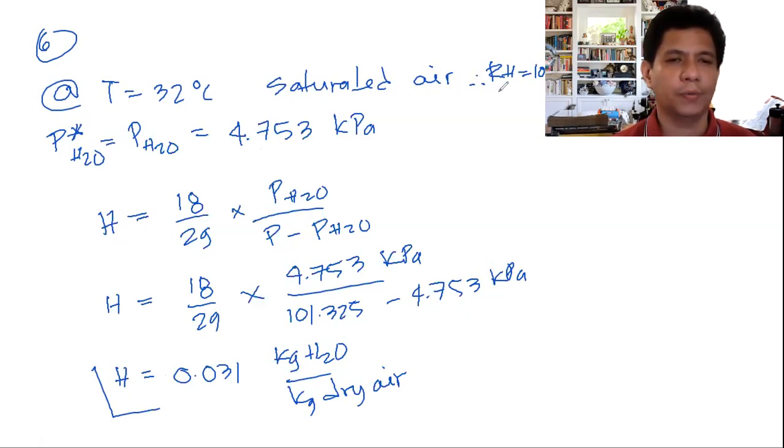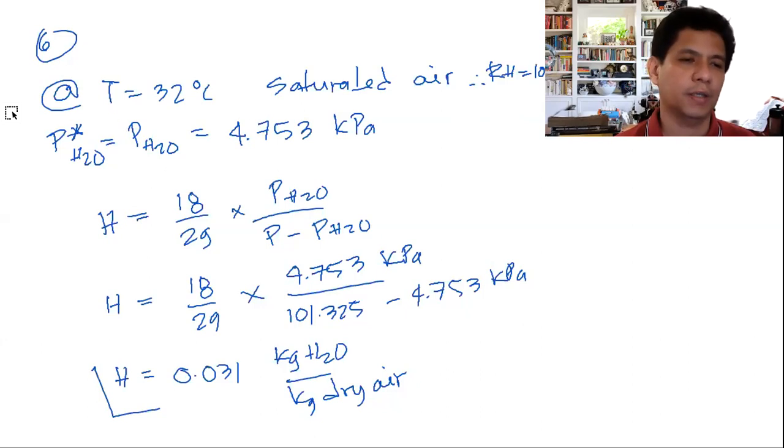I hope you can follow. So dalawang step ano, use the steam table to get the saturated pressure of air, and then since it is saturated air, this is equal to pH2O. That's the first step.